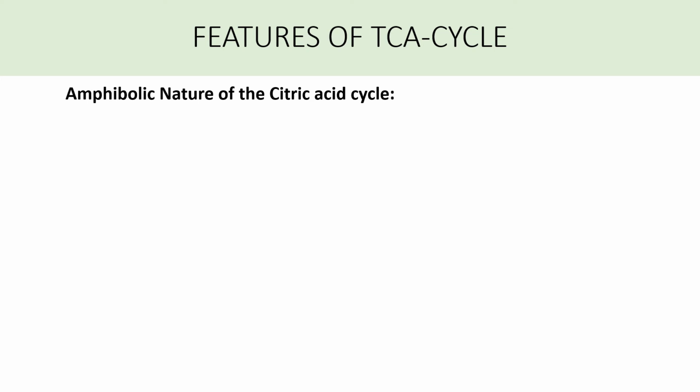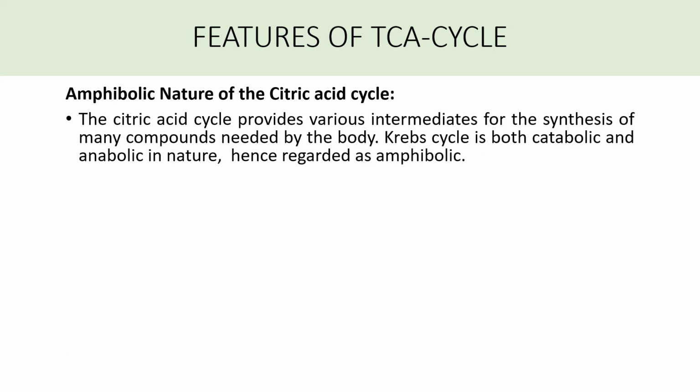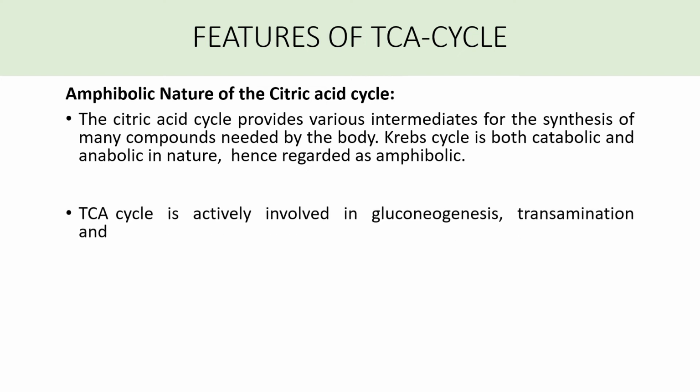Amphibolic nature of the citric acid cycle. Citric acid cycle provides various intermediates for synthesis of many compounds needed by the body. Krebs cycle is both catabolic and anabolic in nature, hence regarded as amphibolic.